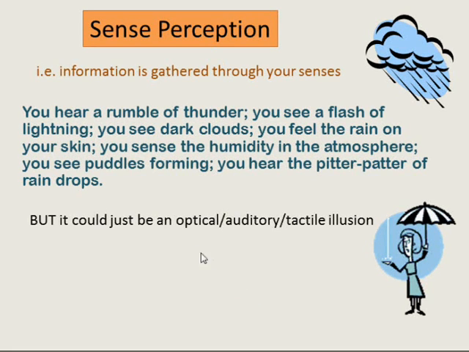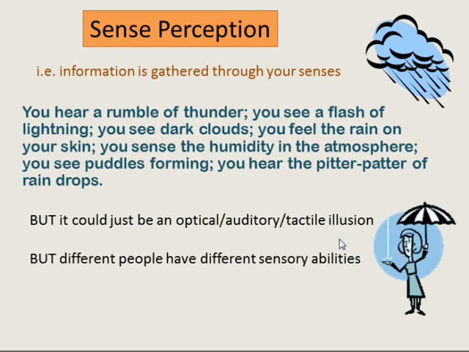However, there are some problems with sense perception. It could be just an illusion. And different people sense things different ways. For example, a blind person couldn't say they know it's raining because they can see it raining. So it's a very useful way of knowing, but there are limitations to it.